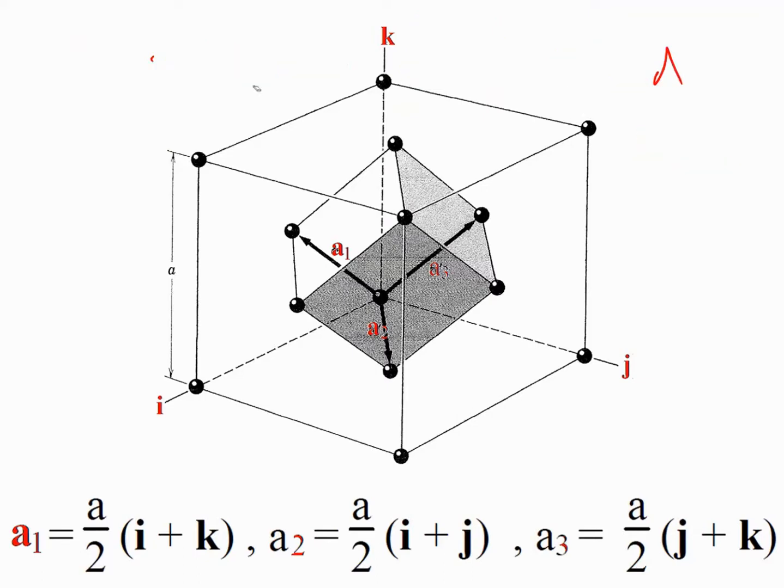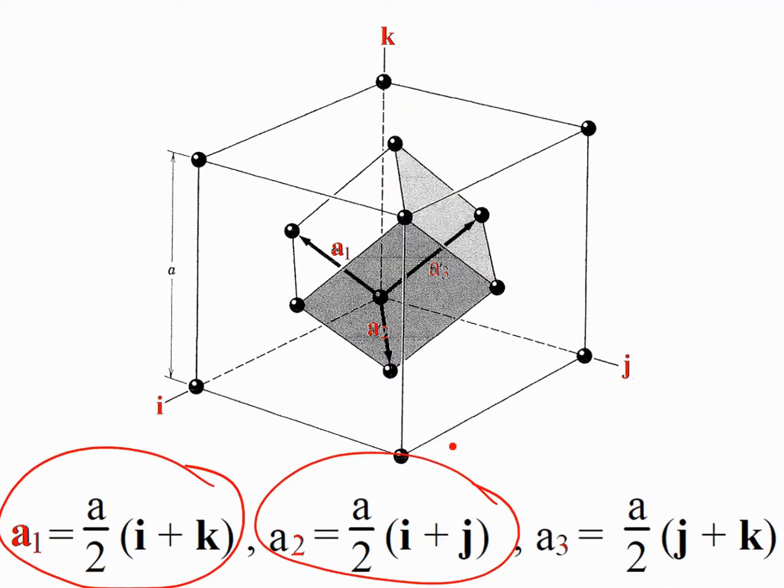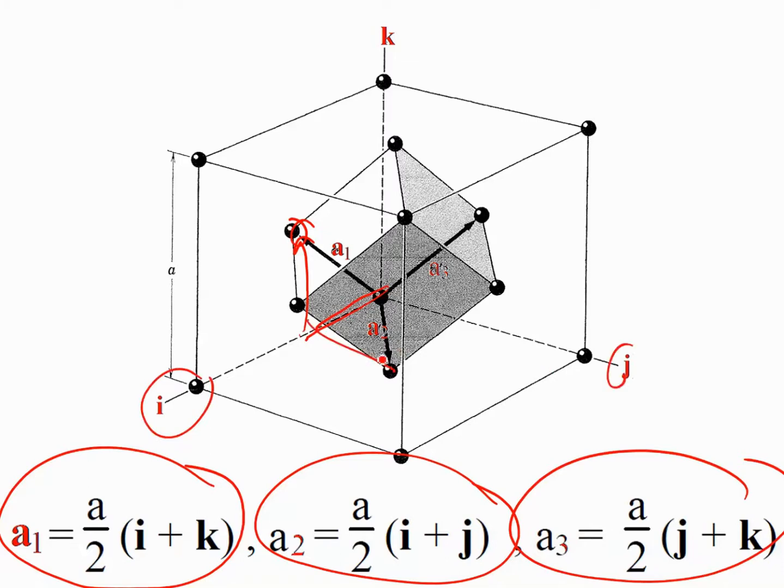So for FCC, the primitive cell vectors are a1 equal to a/2 (i + k), a2 equal to a/2 (i + j), and a3 equal to a/2 (j + k). a1: half i, half k. a2: half i, half j, so a times half i plus half j. a3: half j, half k, right?